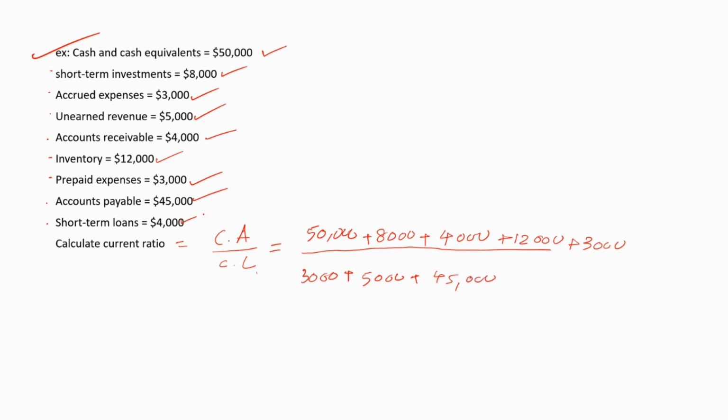This is a form of current liability. So the current ratio is equal to 1.35. This is the current ratio for the company. This means the company has 1.35 times of current assets when compared to the current liabilities.